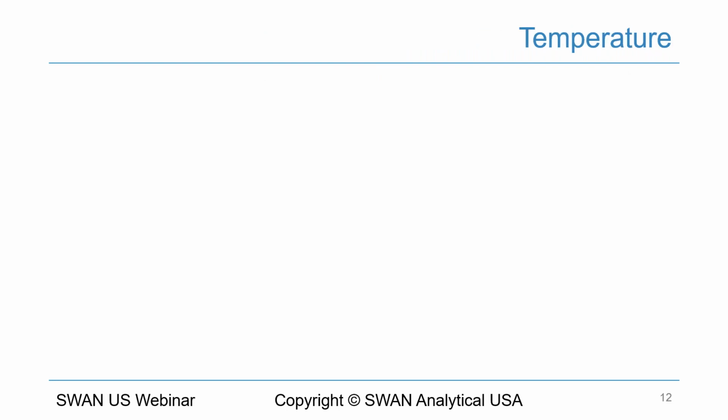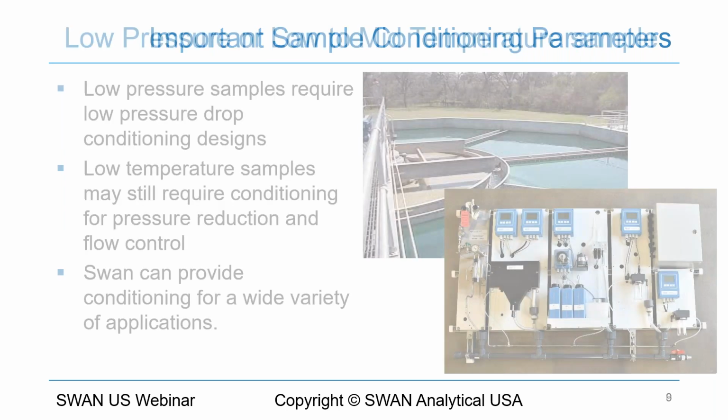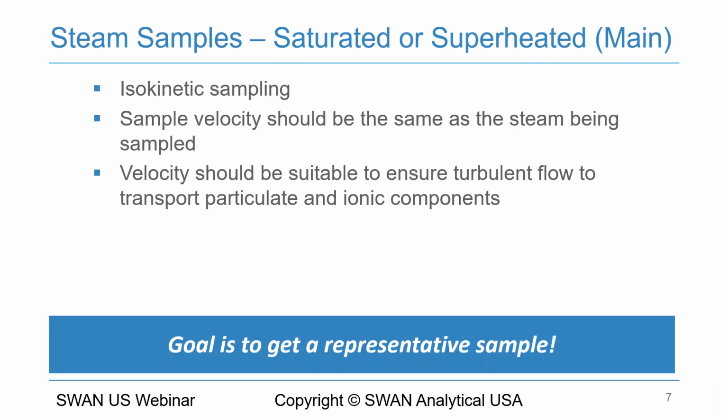Yes, and I'm trying to pull up the slide here, but either way, isokinetic sampling is typically done in saturated steam samples. The reason we do that is the flow dynamics of steam inside of the tube. As you get away from the center of the tube towards the wall, because it's a turbulent flow, it's very difficult to get a representative sample unless you measure at different points across the entire interior of that steam tube.